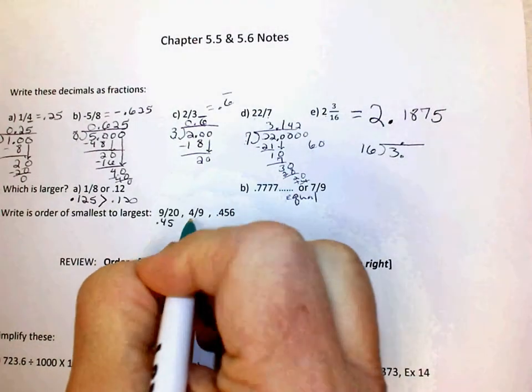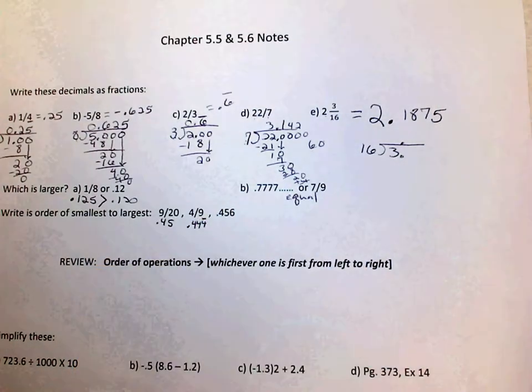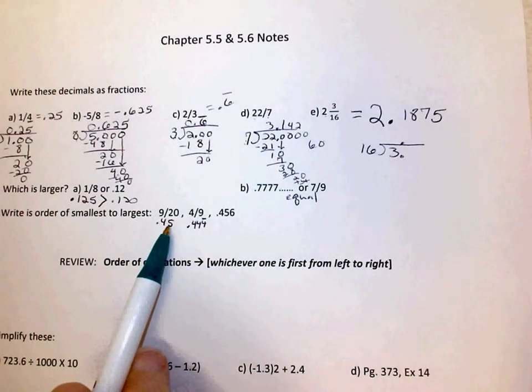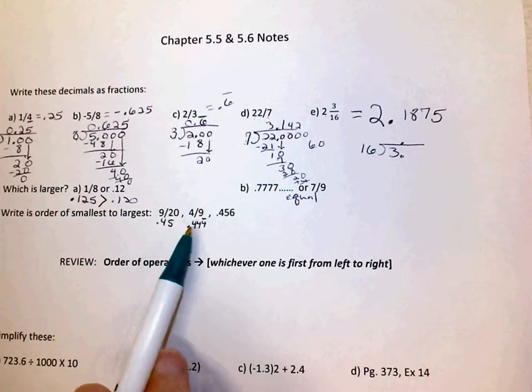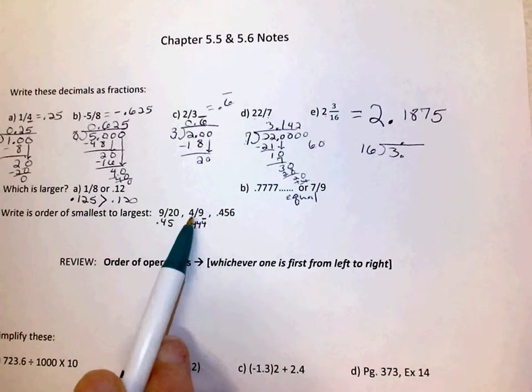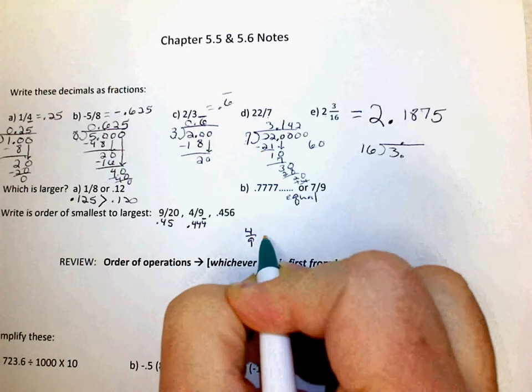So 0.444 repeating forever. So the second digit here is a 5, the second one here is 4, and the second one here is 5. So 4/9 is the smallest, so you're going to write it first, comma.